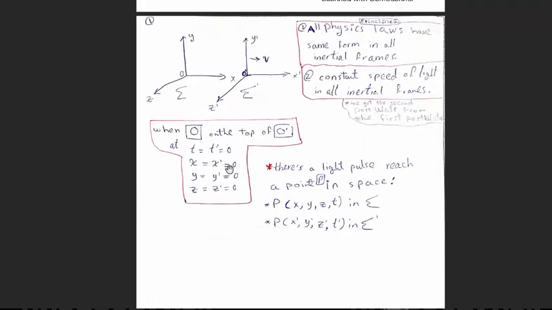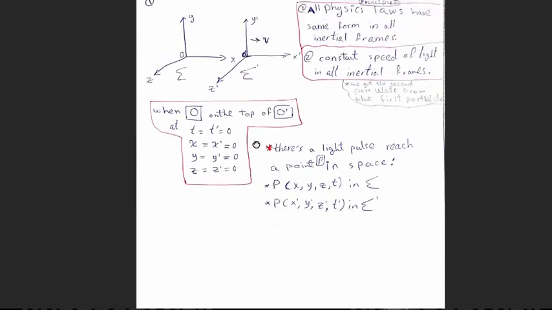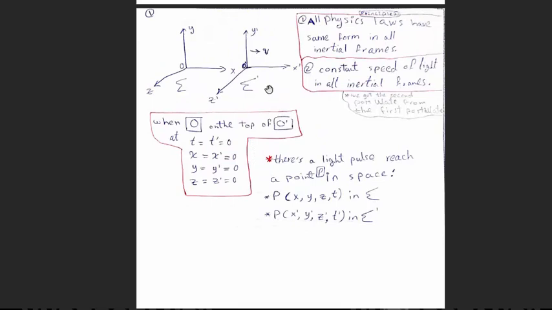Here, during this transformation, we are talking about a moment when O, which is the origin of the sigma frame, comes on top of O dash, which is the origin of the sigma dash frame, at the moment t equals t dash equals 0.